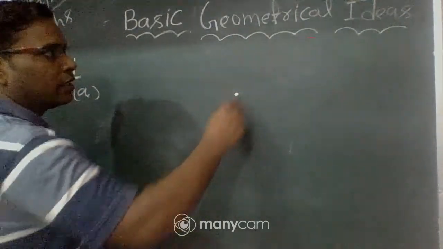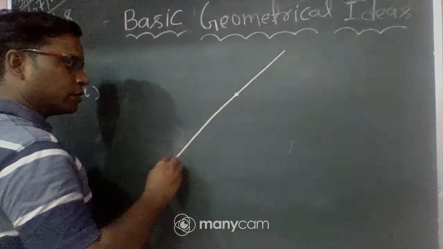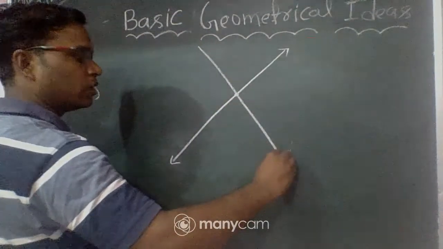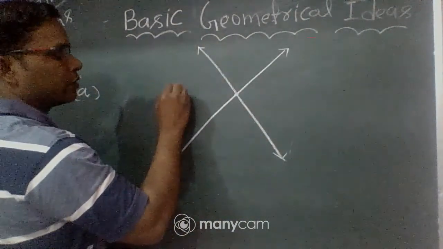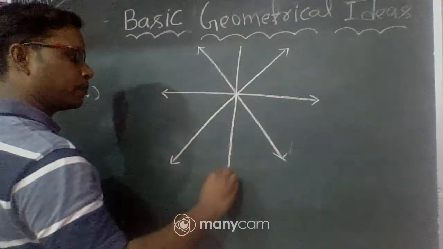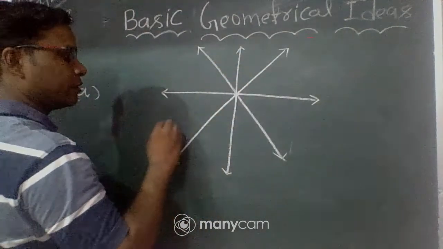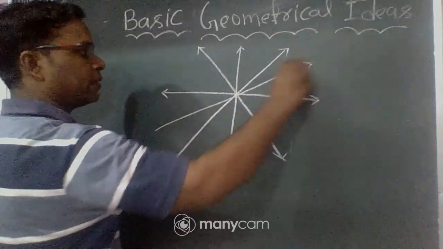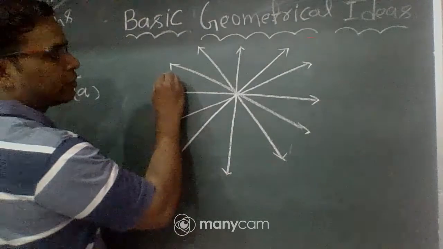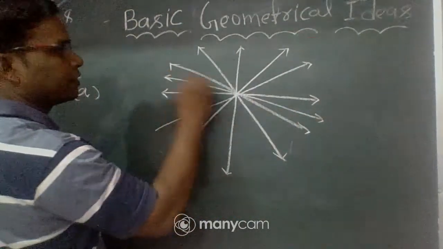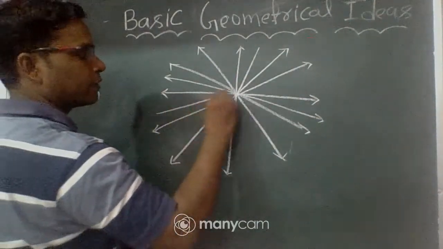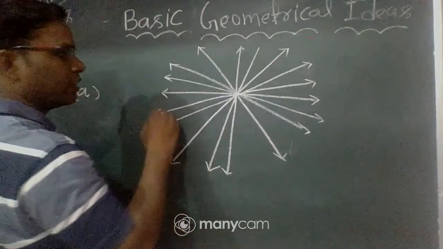So pass through one line, two lines, three lines, four lines, five lines, six lines, seven lines, eight lines, nine lines, and so on.